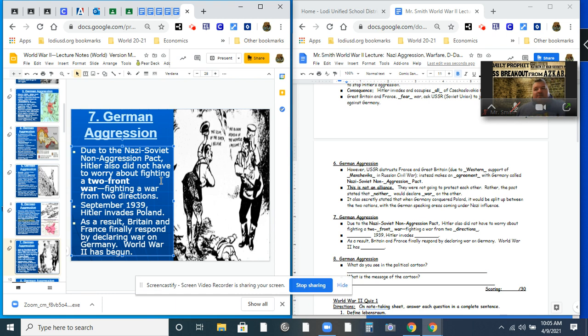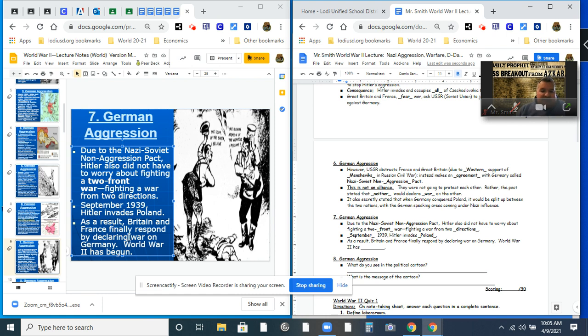When you have to fight a two-front war, you have to split up your resources. It's just not a good military strategy. September 1939, Hitler invades Poland. This is the start of World War II, and this is going to be a short period of German domination of Eastern Europe.